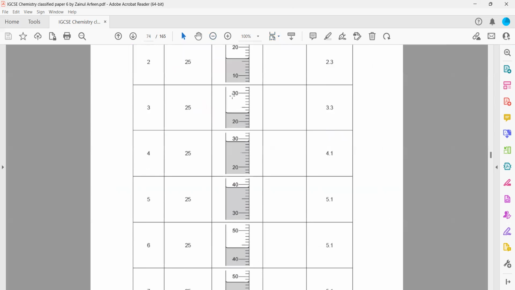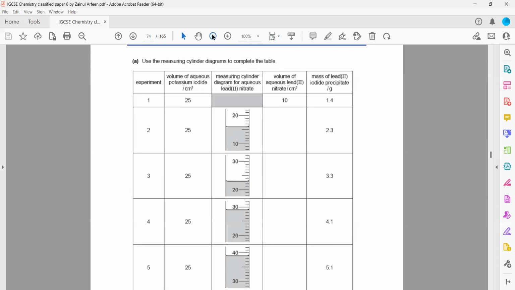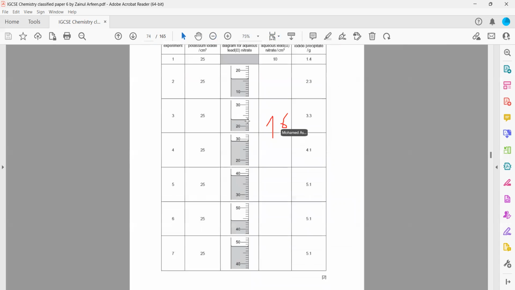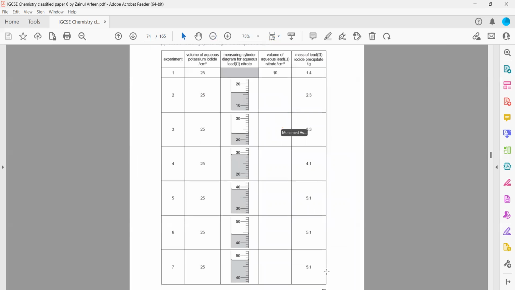Use the measuring cylinder diagrams to complete the table.